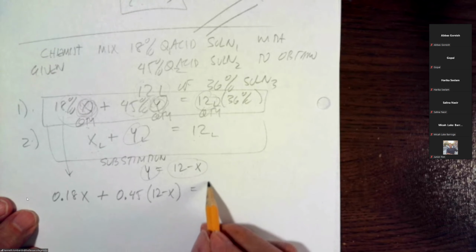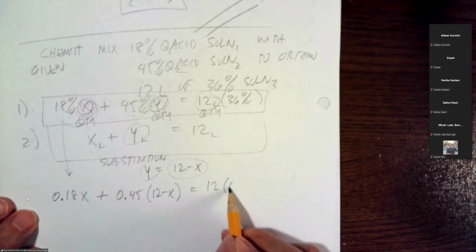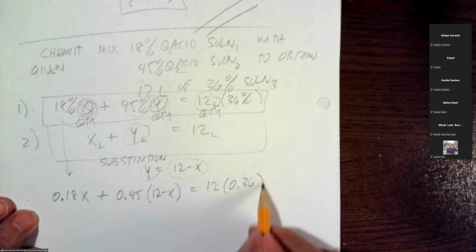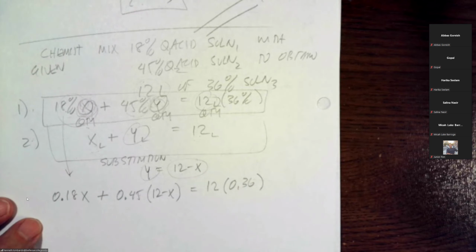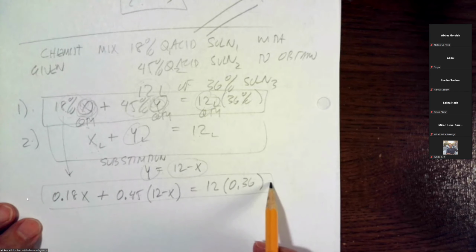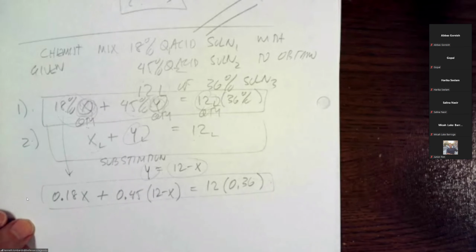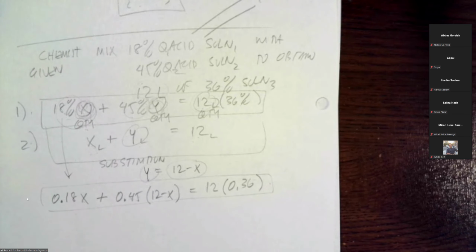And that equals 12 times 0.36. Okay. So if we were to solve this, is this an equation you could solve? One variable, one equation. So go ahead and solve this, and let's see if we agree on a value here.